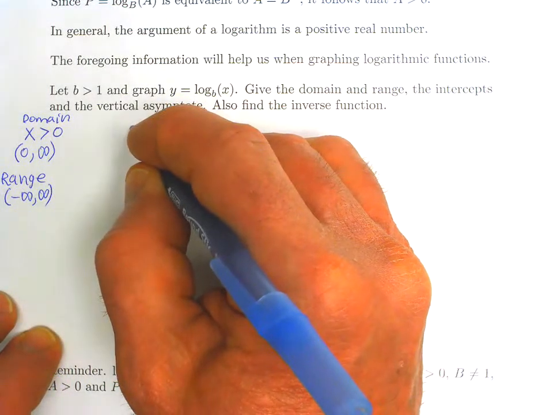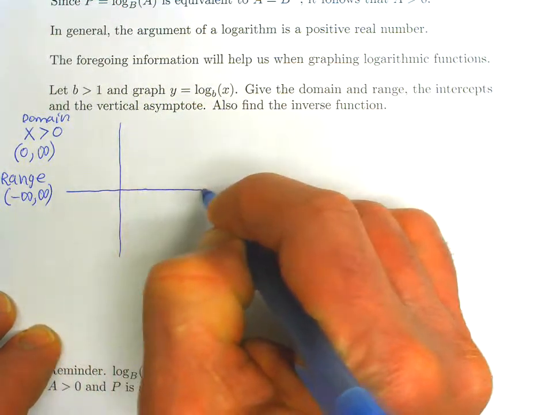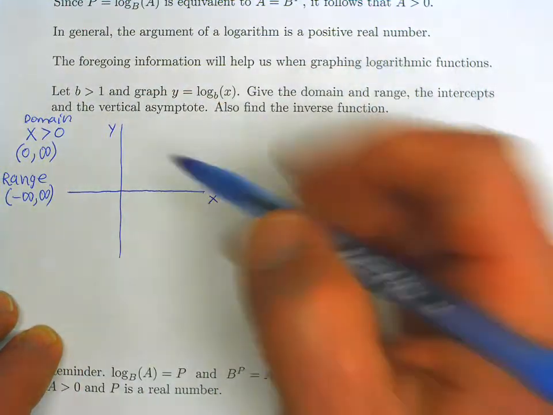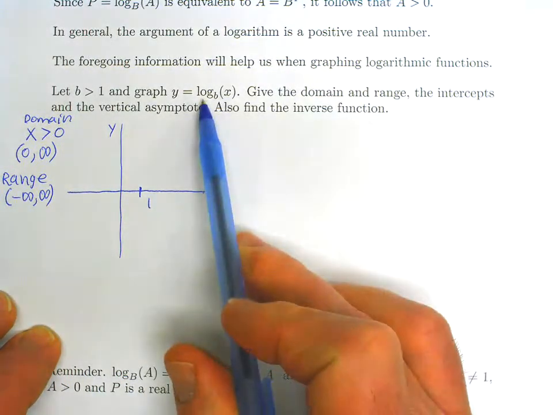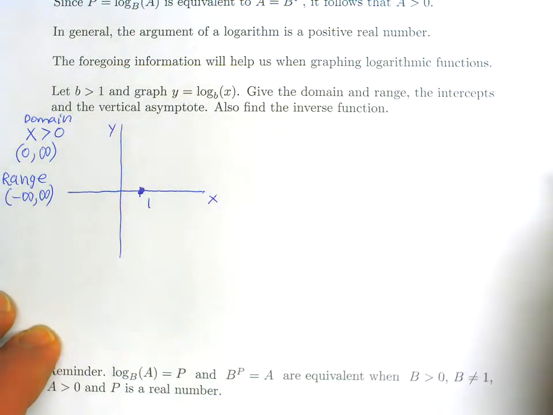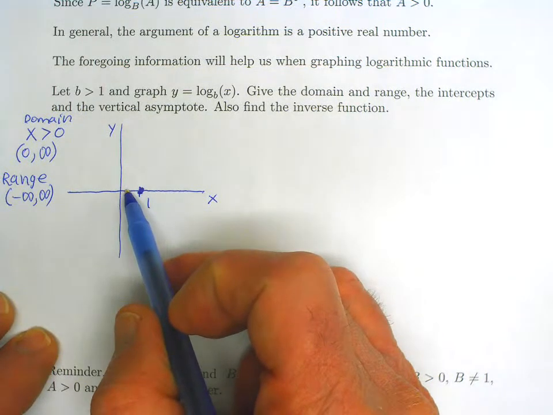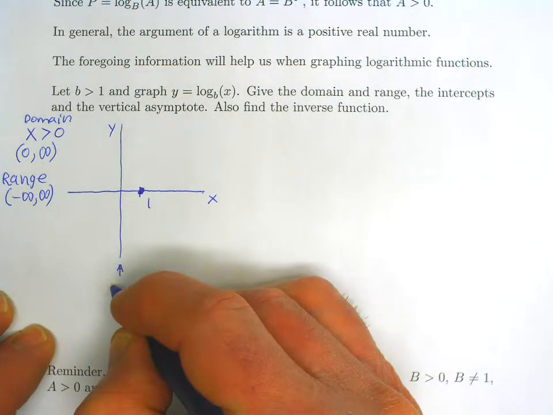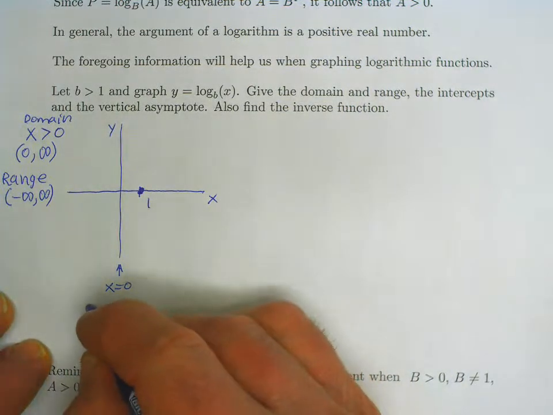Okay, so I'll just do a rough sketch of the graph. If the base number b is greater than 1, when x is 1, we know log base b of 1 is 0, so the x-intercept is the ordered pair 1, 0. The domain is x greater than 0, so the vertical line x equals 0, which is just the y-axis, is the vertical asymptote.